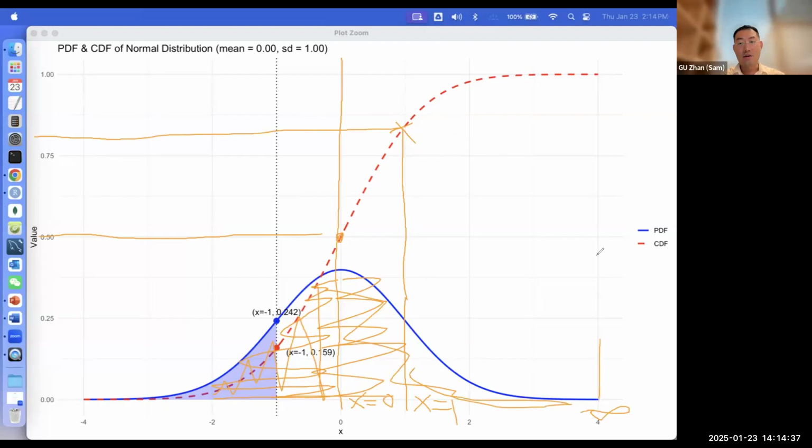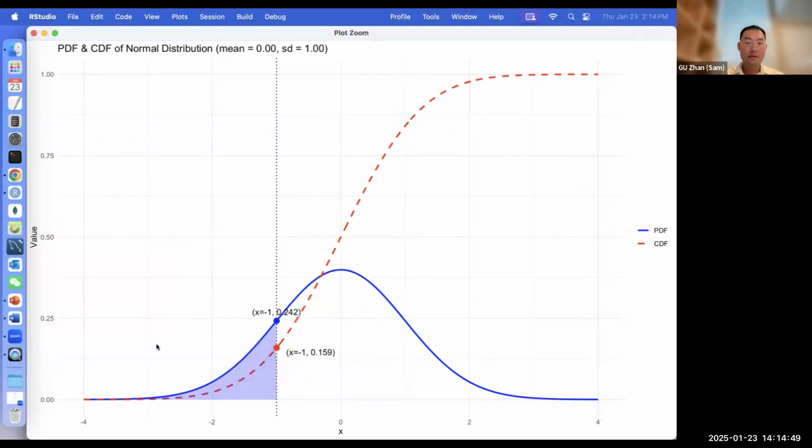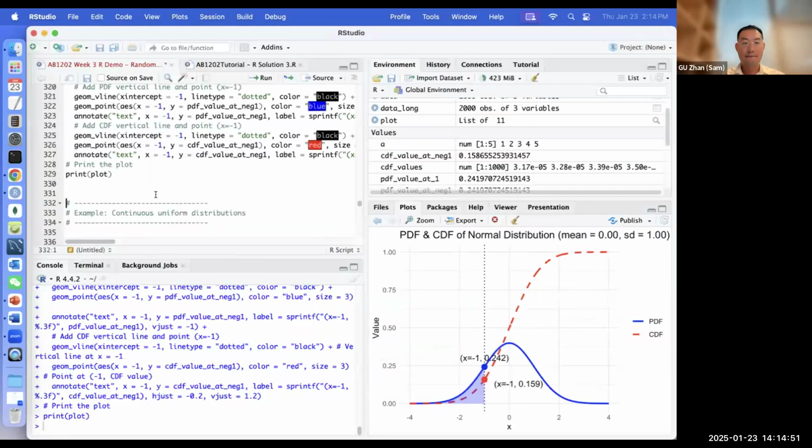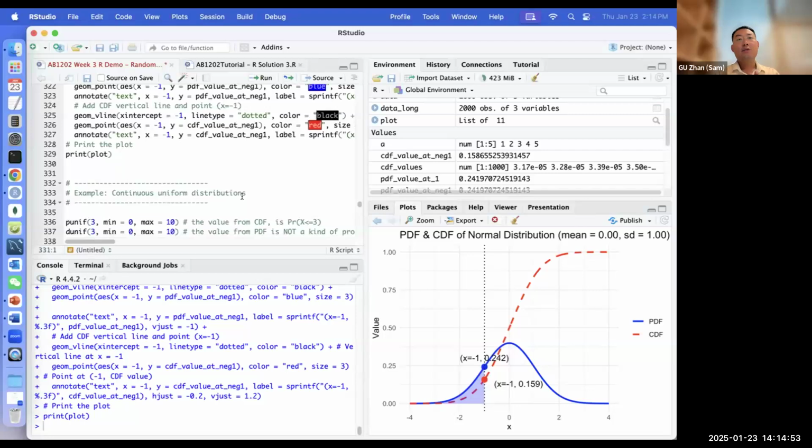And your cumulative distribution function will also approach 1. Okay, good. So we have a good understanding of the relationship between CDF and PDF.